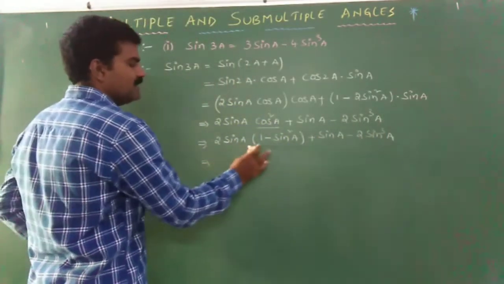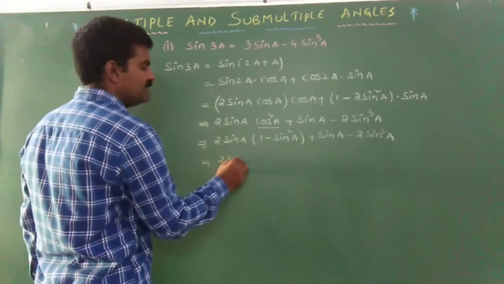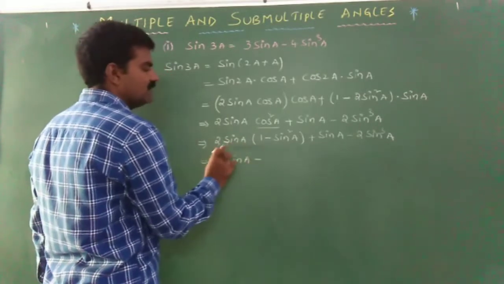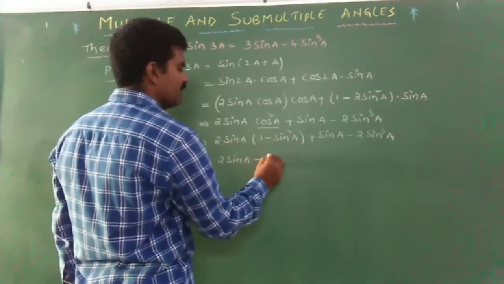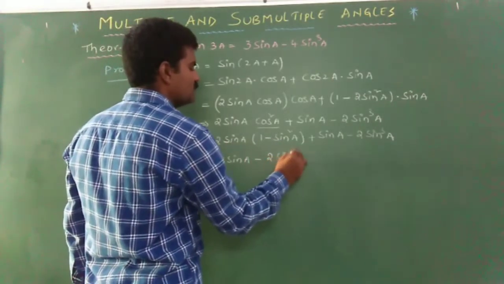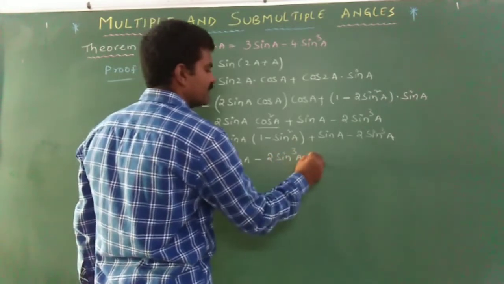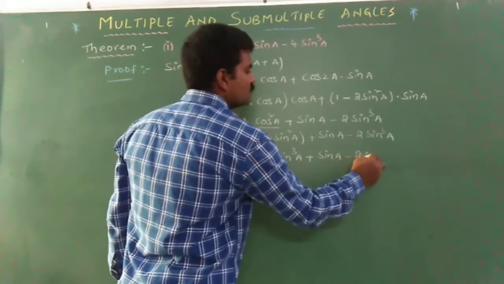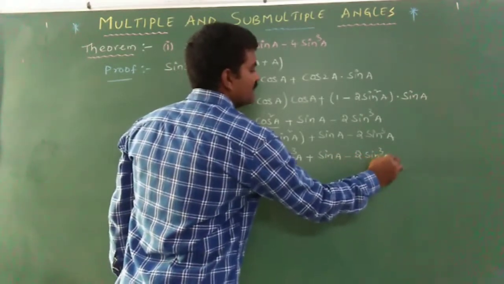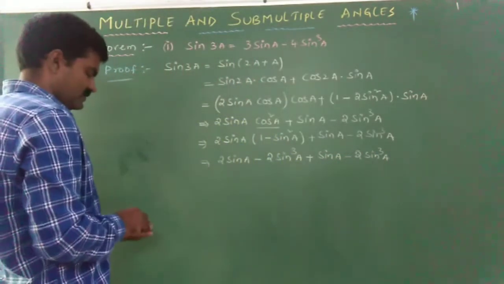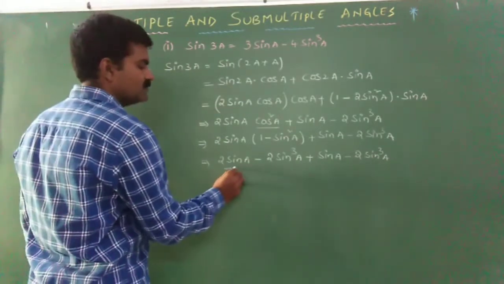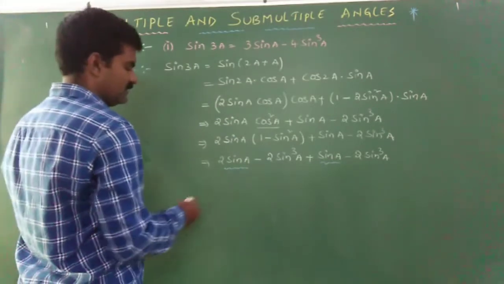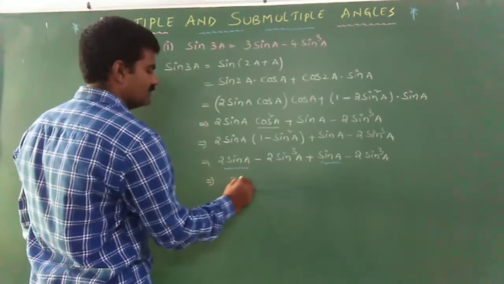So once again multiplication: 2 sin a into 1 is 2 sin a, plus, minus into minus, minus 2 sin a into sin square a, which is 2 sin cube a plus sin a, minus 2 sin cube a. So look at this, 2 sin a plus sin a, you can write it as 3 sin a.